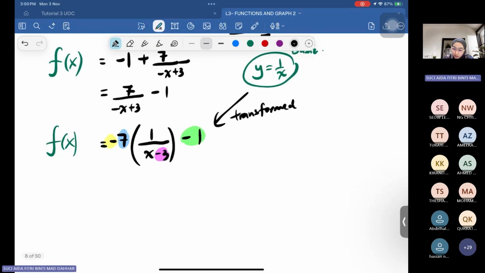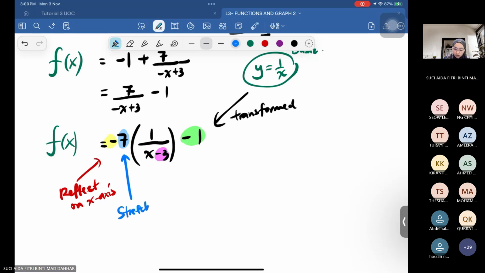Again, let's discuss. What does the negative in the front do? Multiplying by negative is a reflection, a reflection on the x-axis. Multiplying by 7 outside is a vertical stretch by a scale factor of 7.